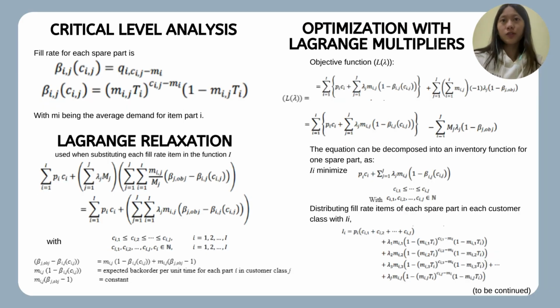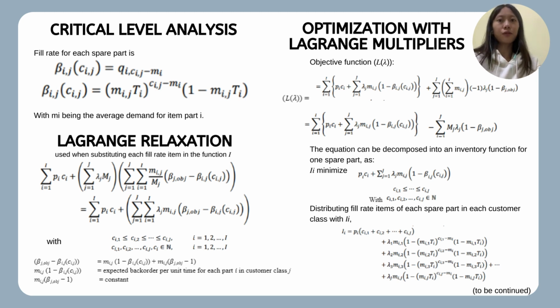Okay, now we move on to the critical level analysis, in which we have the formula of the fill rate for each spare part as stated in this slide. And then we have Lagrange relaxation, which is used when substituting each fill rate item in the function I, also stated on the slide. And then also we have the optimization with Lagrange multipliers.